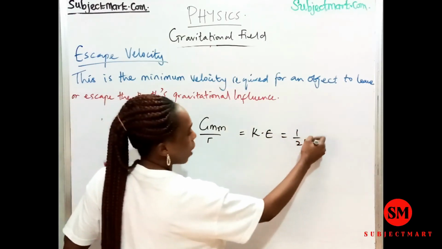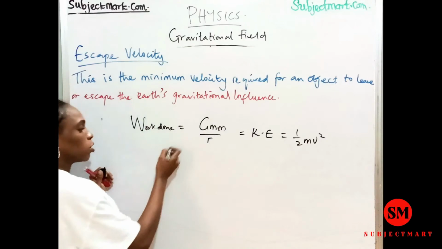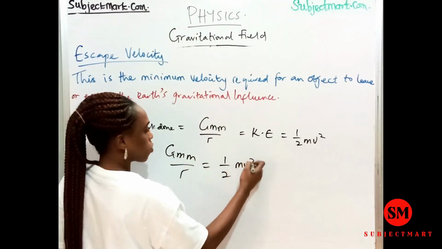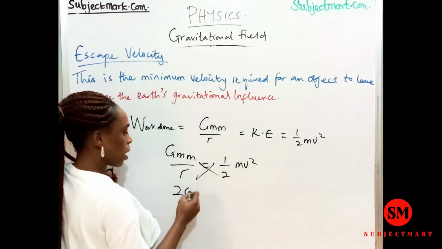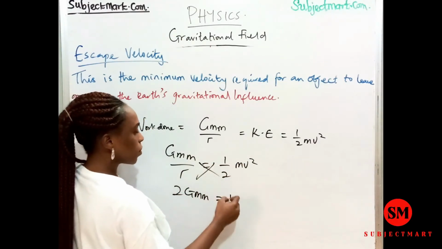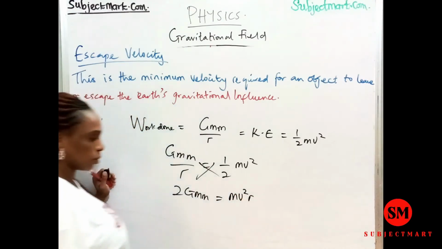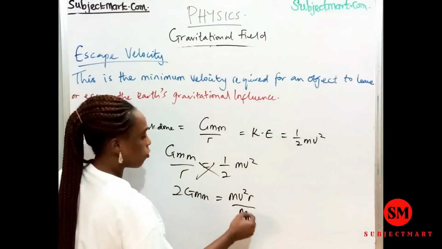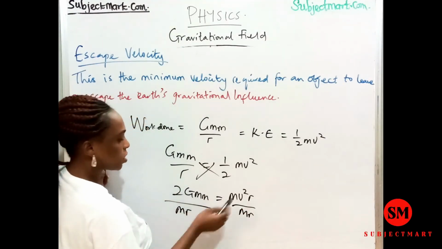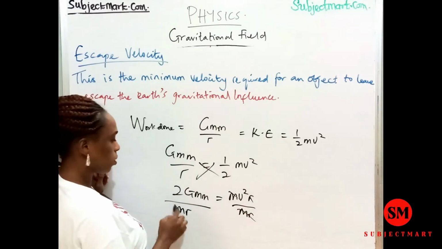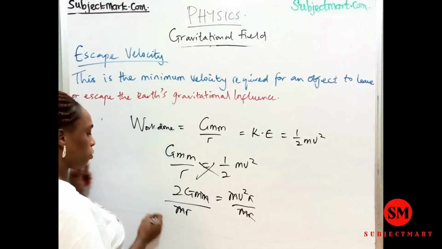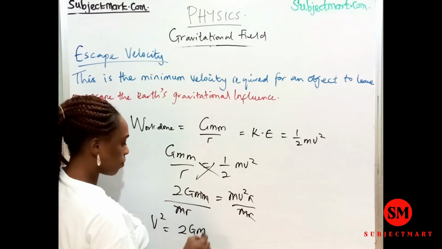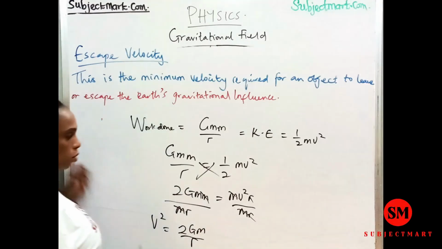So I'm just going to say this is kinetic energy. And you know that kinetic energy is given by half mv squared. So I'll just equate this to half mv squared. So if I cross multiply, I have 2GM over r equals v squared. I'm trying to make v the subject of the formula here. V is our escape velocity. So from here I have v squared is equals to 2GM over r.